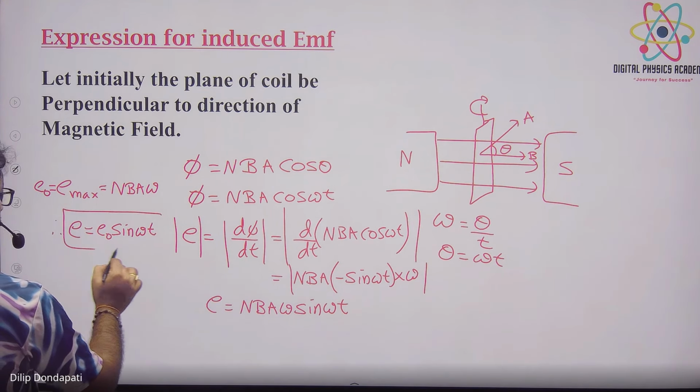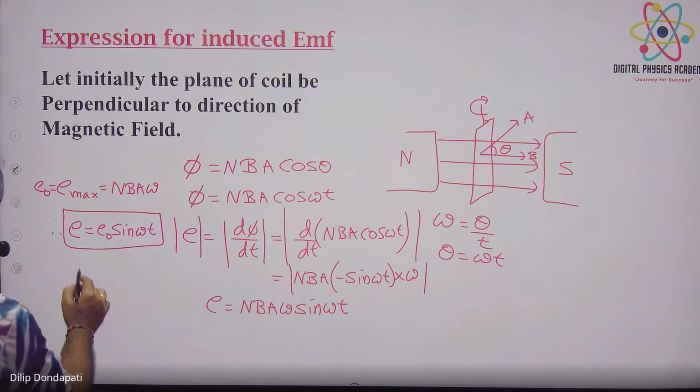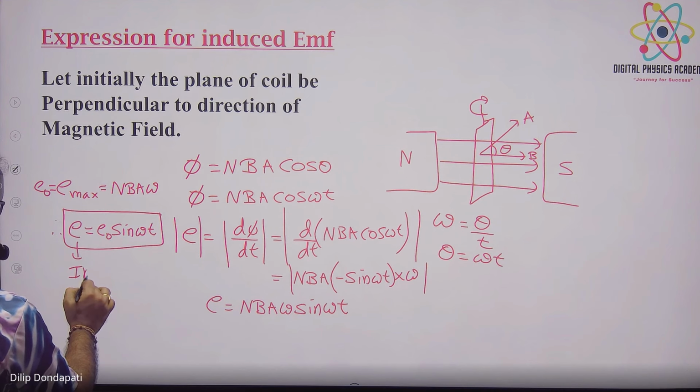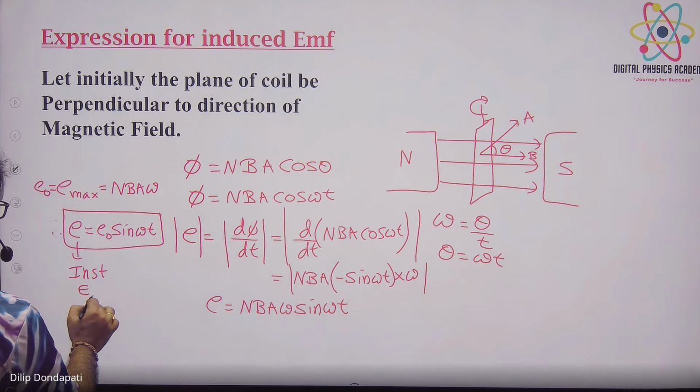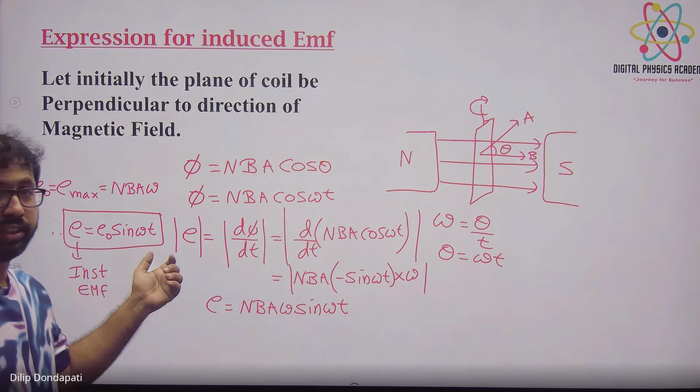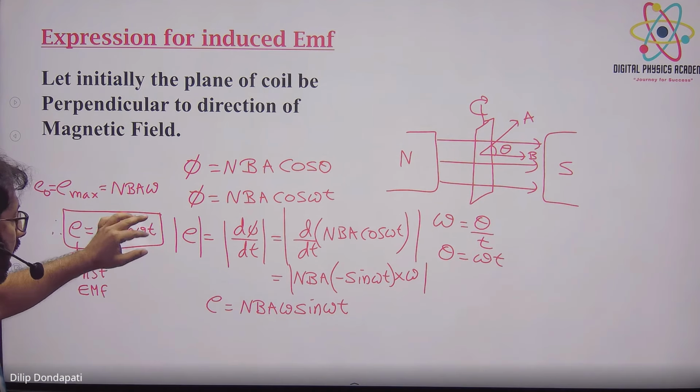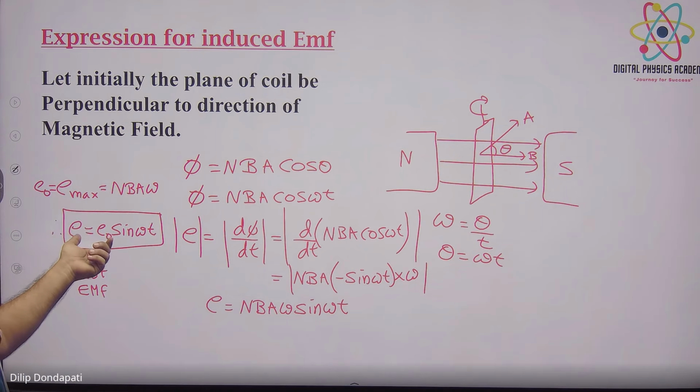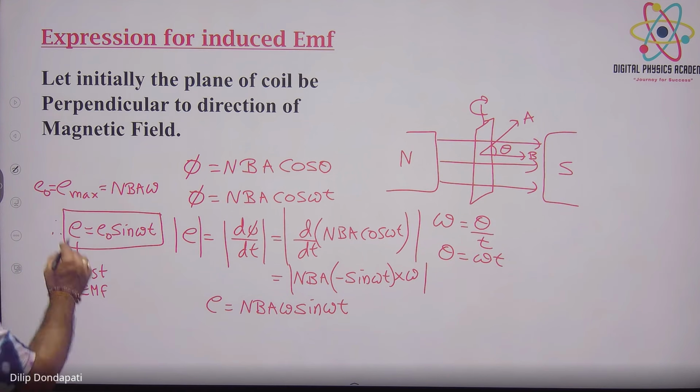This is the formula for EMF induced. This is called instantaneous EMF. Instantaneous means at every omega t angle I can measure the EMF induced in the coil. And this is the maximum EMF.